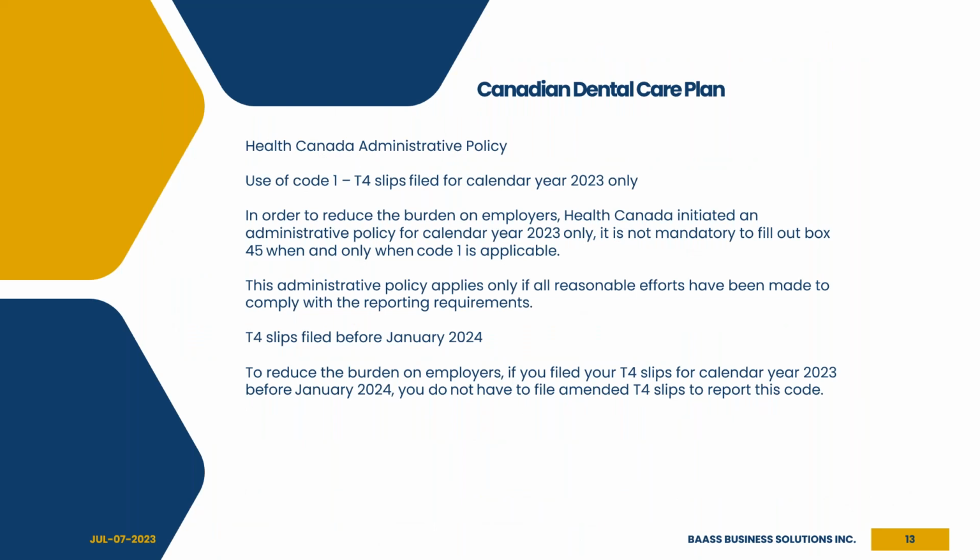So this is the latest release, the use of code 1 on the T4 slip for calendar year 2023. This only applies for this 1 year. In order to reduce the burden on employers, Health Canada initiated an administrative policy for calendar year 2023 only, that it is not mandatory to fill out box 45 when and only when code 1 is applicable.